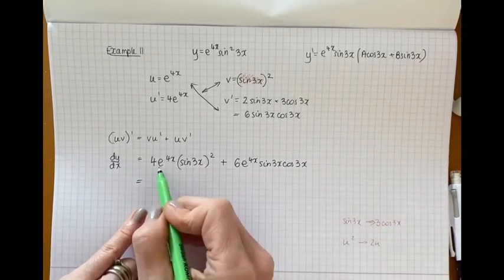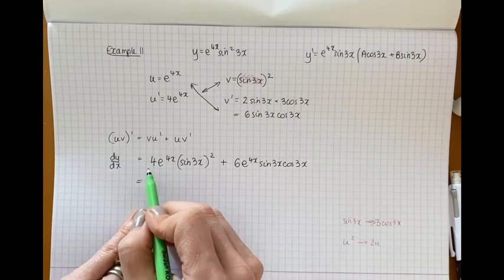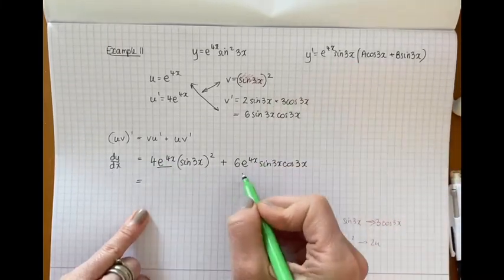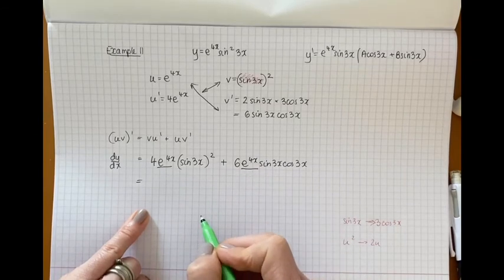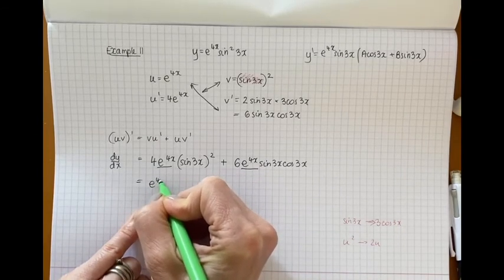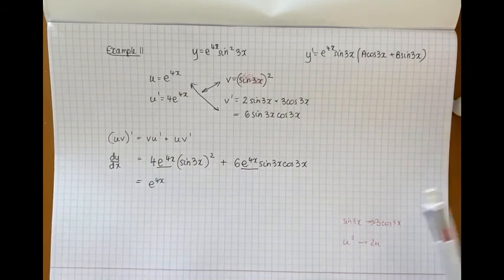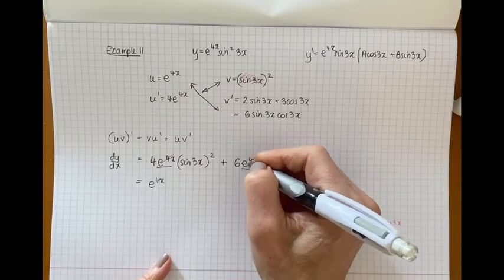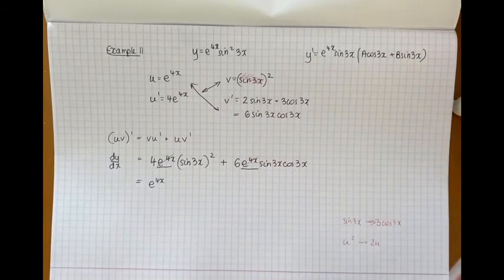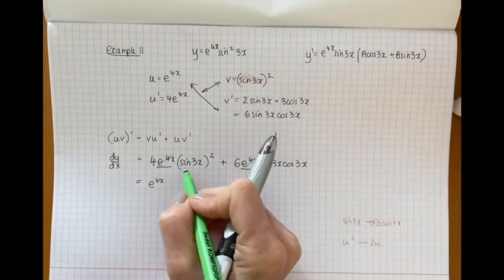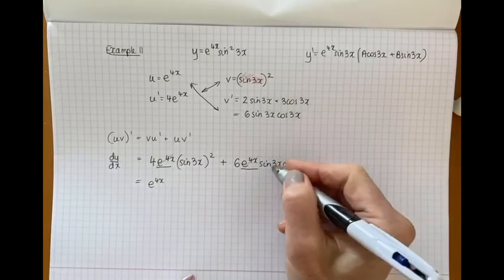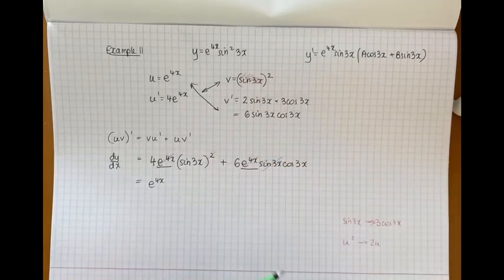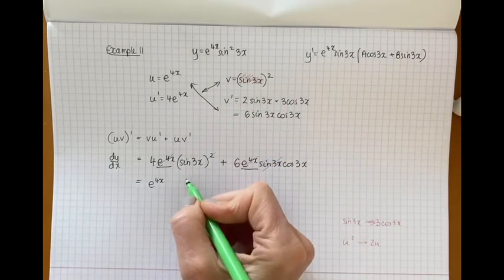Okay, we've got to factorize the common factors, where 2 would come out as well, but they don't want us to because they want to have no constant in front. So e to the power 4x can come out. Let's just lightly cross it off, or as we've used it. Don't cross it off with pencil if you're doing it in an exam. And then you've got sine 3x, so we're going to use 1 sine 3x, and then we'll use 1 from here, so you will have 1 left over.